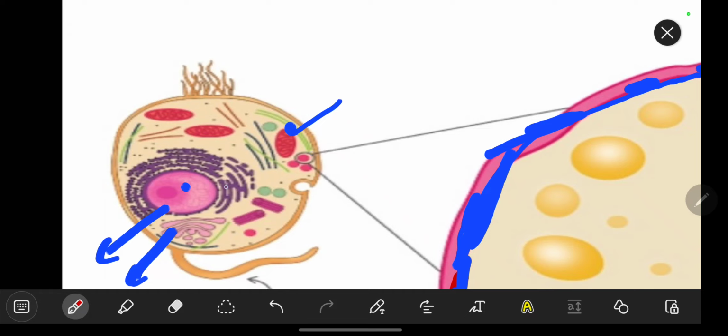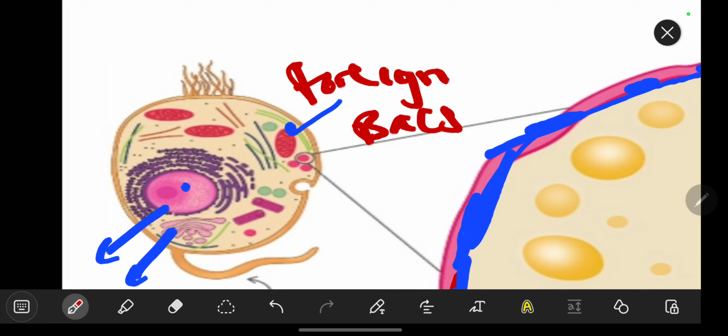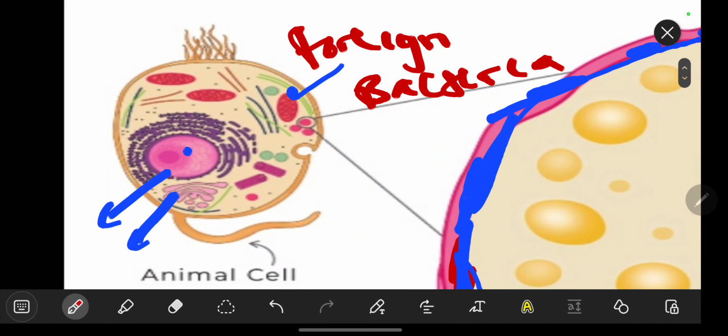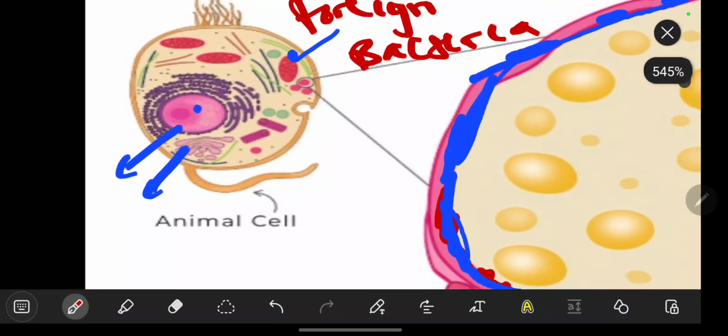These are responsible for destruction of worn out organelles, and they also break down or destroy foreign organisms such as bacteria in the cell. So they are more like the white blood cells of the cell. That is what you may think of.